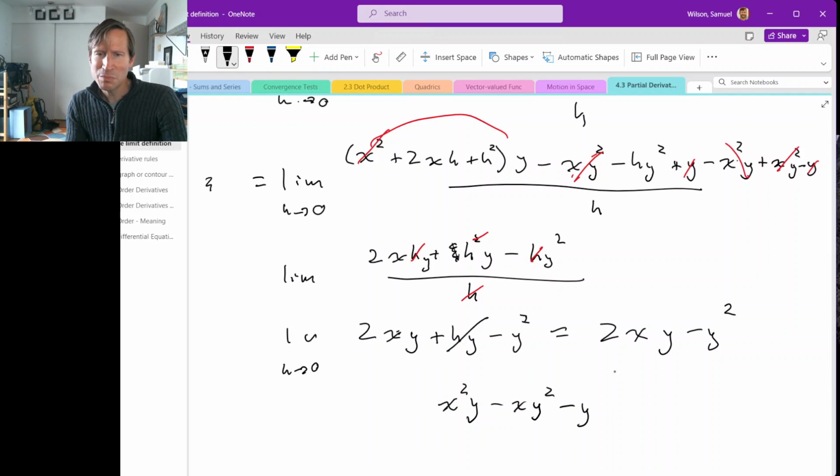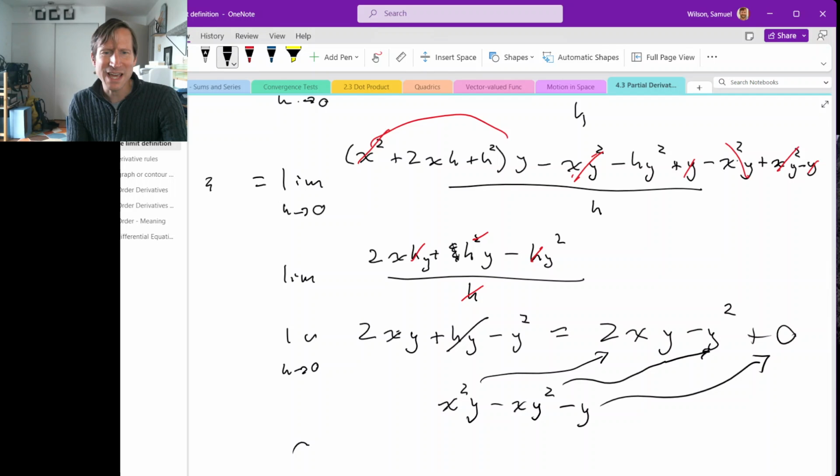Well, if you compare these term by term, and there's a plus 0 over here, right? It looks like we just did a regular derivative, except x was the variable, and y, it looked like we treated y like a constant. But that is what a partial derivative does.